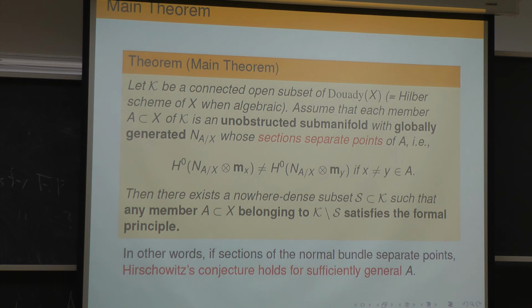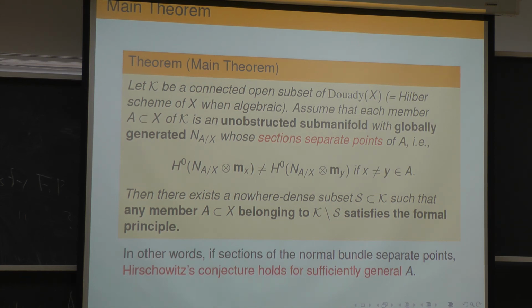So once you have a manifold with a globally generated normal bundle which separates the points, then you can deform the manifold and you can say that the formal principle holds.